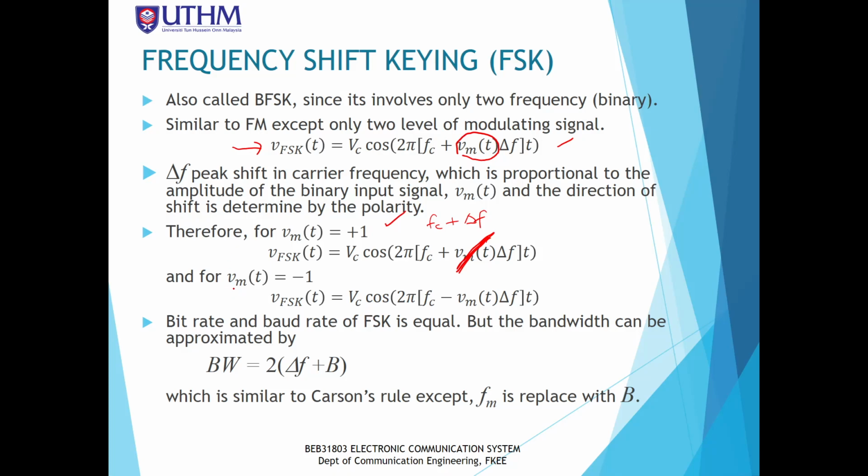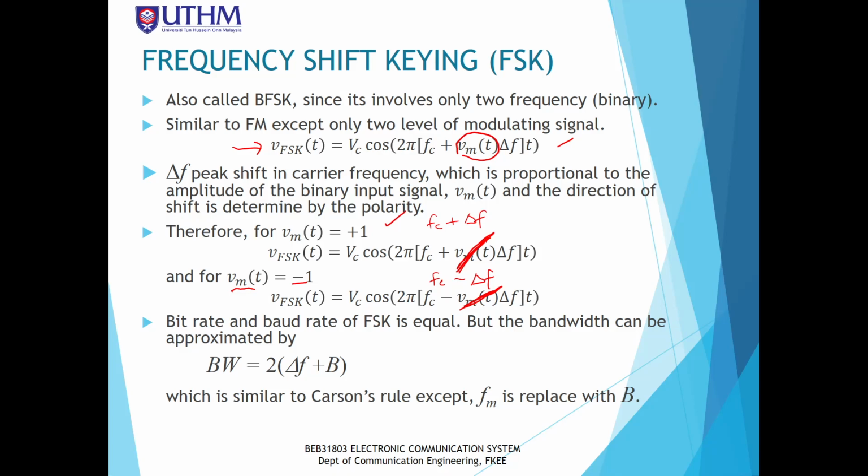That means you change Vm(t) to minus 1, so this is Fc minus delta F. Whenever there is an input logic 0, the output is going to be a low frequency. And from here we can calculate the bandwidth based on Carson's rule.